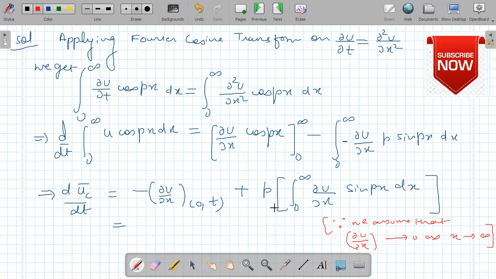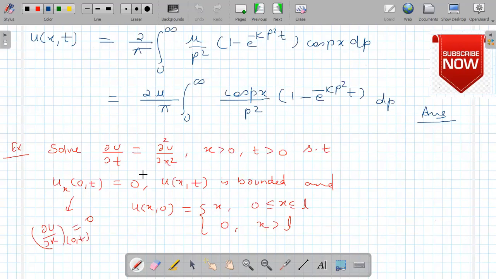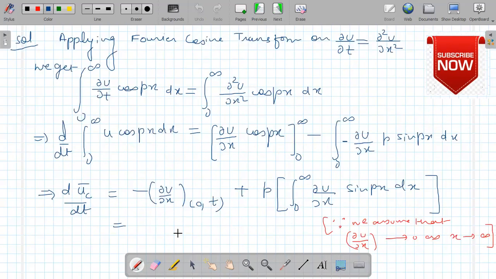So this is 0 because we are given that this value is 0. So we have 0 plus this. So we solve this now. This is equal to p integral 0 to infinity del u by del x sin px dx. यहाँ पे इसका भी रीजन हम लिख देते हैं because del u by del x is 0 at x is equal to 0.